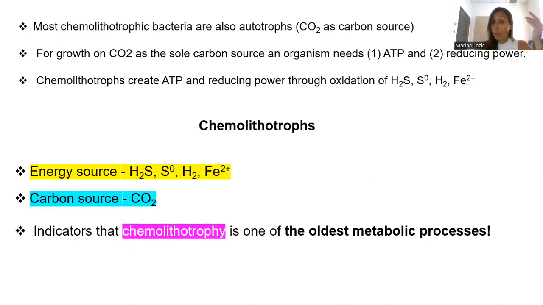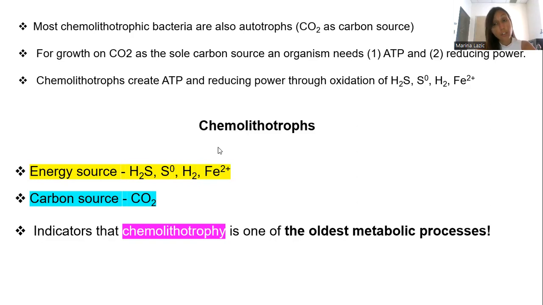Most chemolithotrophs are also autotrophs, which means they use carbon dioxide as a carbon source. They are capable of carbon dioxide fixation. And as you know from last class, in order to use carbon dioxide, these organisms need a lot of ATP and reducing power, NADH. So chemolithotrophs are able to create ATP and reducing power through oxidation of highly reduced compounds such as hydrogen sulfide or elemental sulfur.